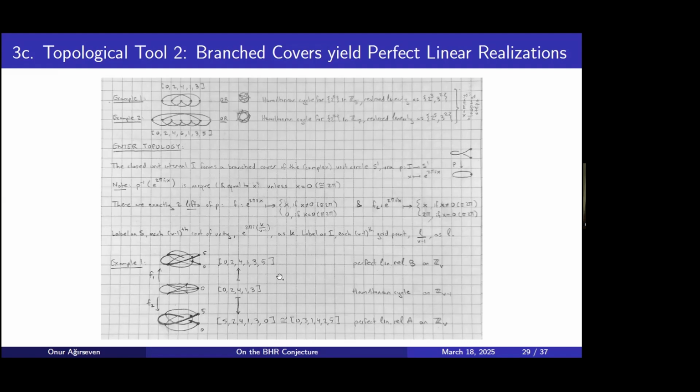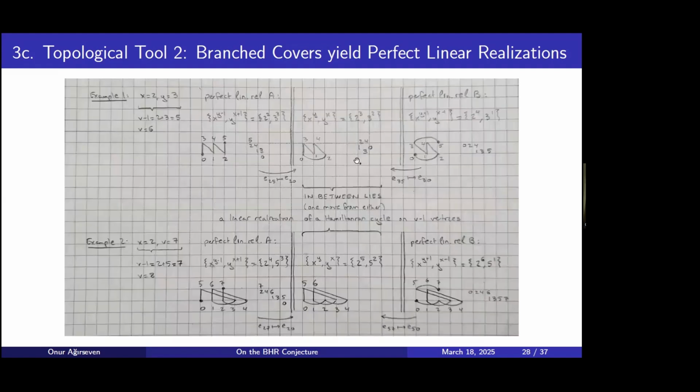So this means that these actually are core perfect linear realizations. All other perfect linear realizations can be described in terms of these via a game of snake built upon these.